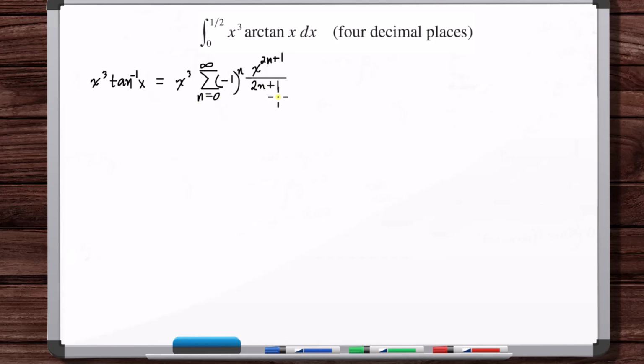So this is arctangent of x as a power series, or its Maclaurin series, and we've multiplied both sides of arctangent x by x cubed. So now let's bring in the x cubed. So x to the 2n plus 1 times x cubed is going to be x to the 2n plus 4.